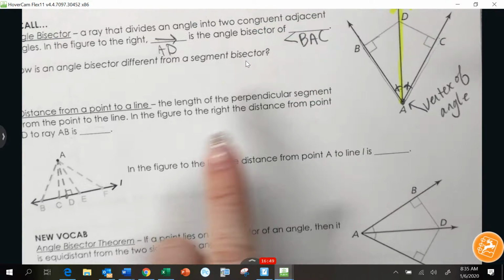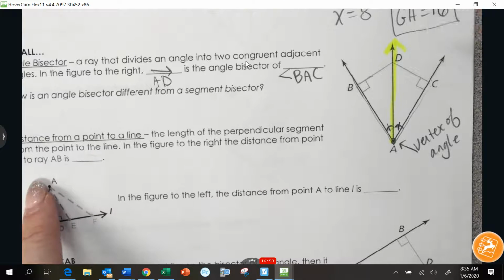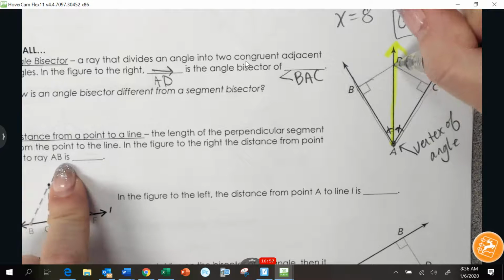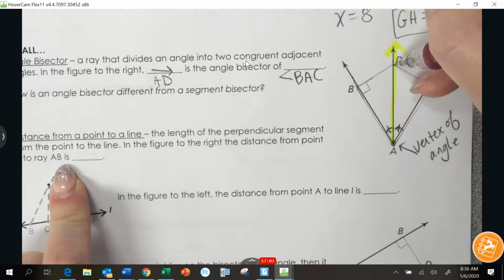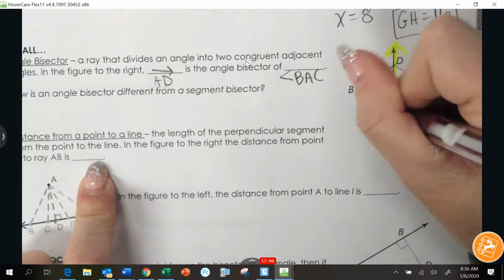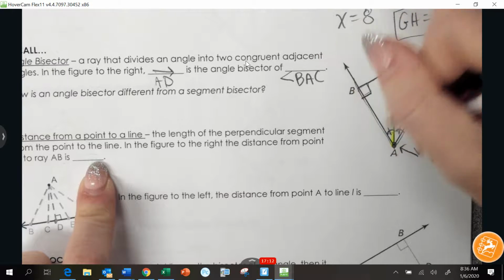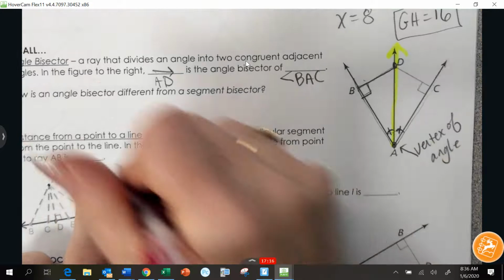Never mind. But in this one here, the distance from point D to ray AB has to make 90 degrees. So from point D to this ray AB, DB is the distance.